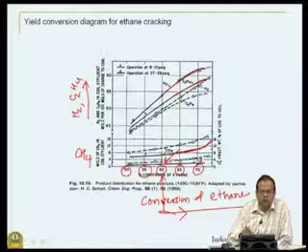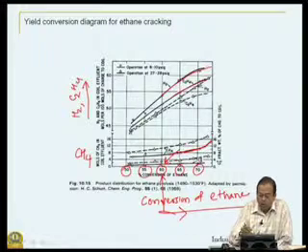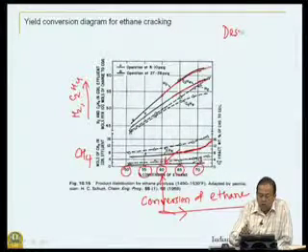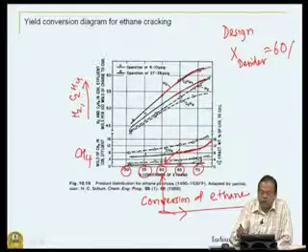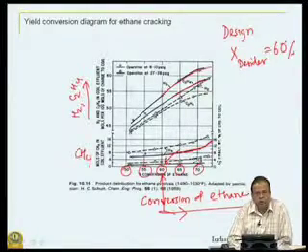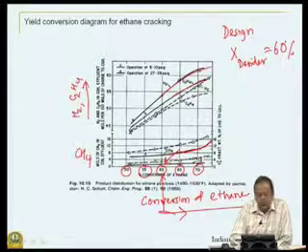In fact, as this study shows, at higher conversions you get more and more methane. So, the design objective, the conversion X desired, is not 100%, but roughly 60% or 0.6. So, that is one aspect.